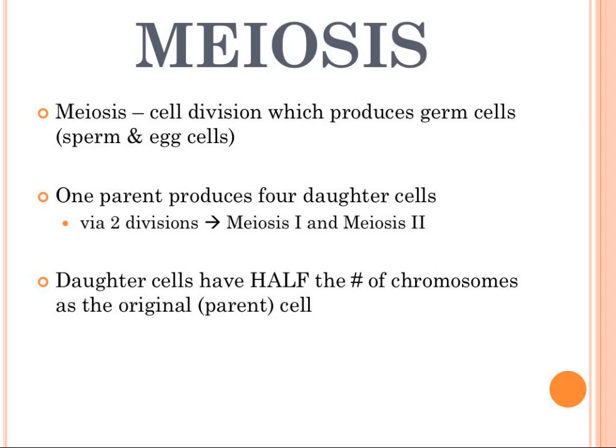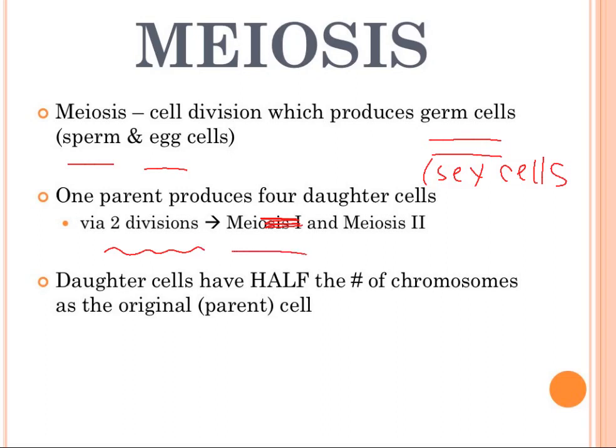So meiosis then is cell division which produces germ cells, or another term you'll hear is sex cells. These are things like your sperm and egg cells. At the very end of meiosis, one parent produces 4 daughter cells because there are 2 divisions. So we have something called meiosis 1 and meiosis 2.